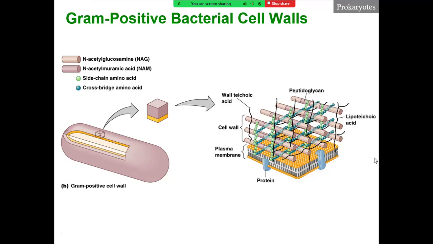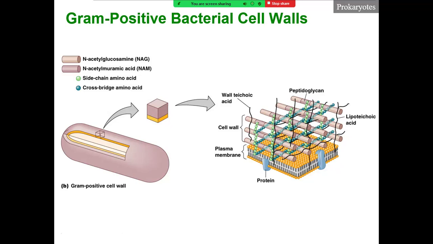And then lipoteichoic acid, which actually links the peptidoglycan layers together and then also links the cell membrane to the cell wall. The lipid portion of the teichoic acid is in the cell wall here. Any question about any of that?